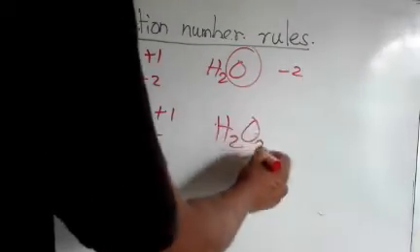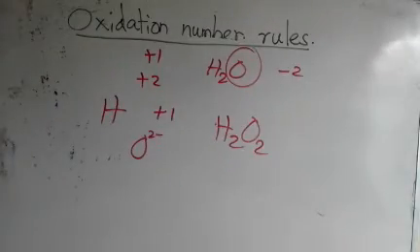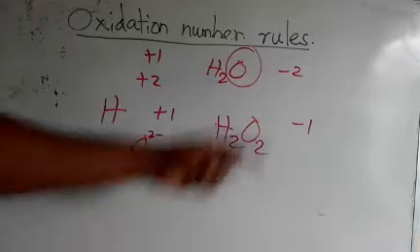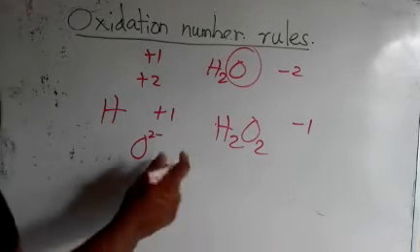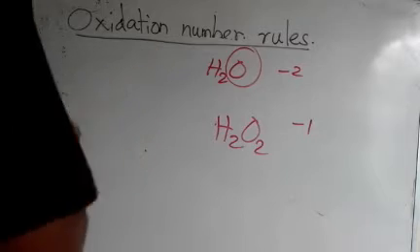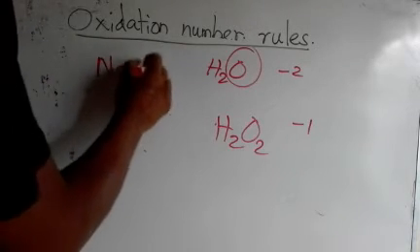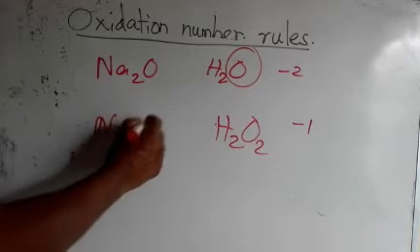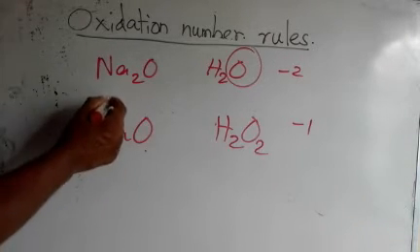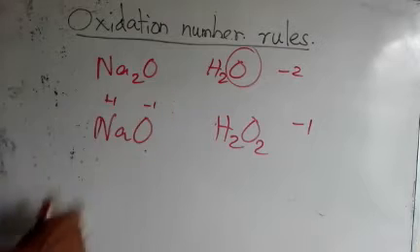In this one, the oxidation state of oxygen is -1, so this is a peroxide, hydrogen peroxide. This is sodium oxide, and this is sodium peroxide, because this is +1, this is -1.